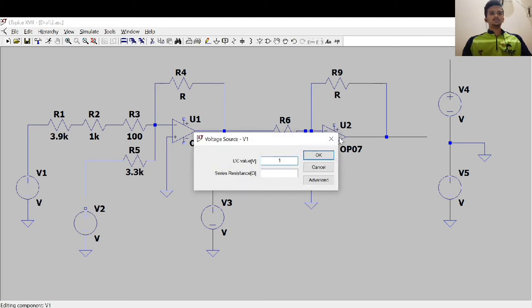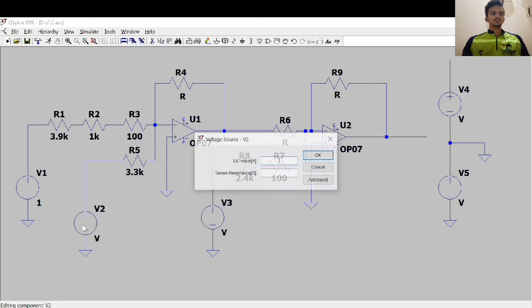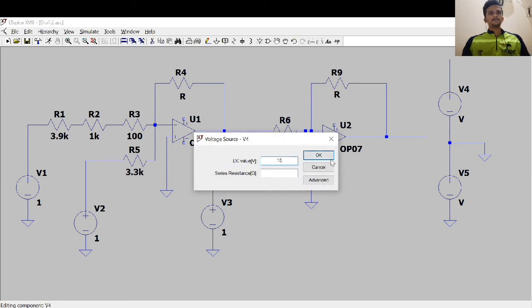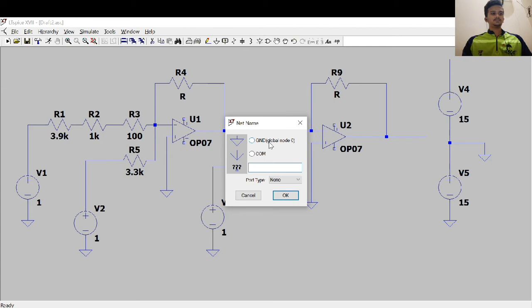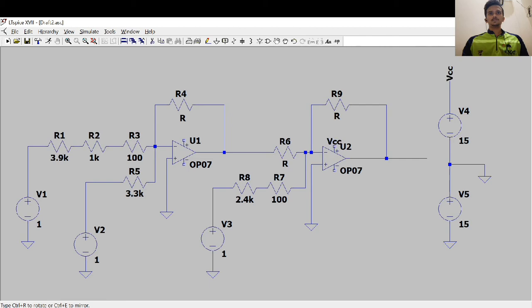Okay, now give the supply. Here we give 1 volt. This will also be my 1 volt. This will also be my 1 volt, and the supply 15. So just label it VCC, VCC, and VCC.